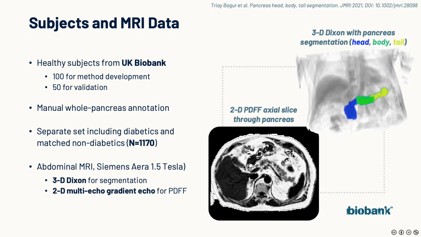The subjects underwent abdominal MRI with Siemens 1.5 Tesla scanner, including a 3-dimensional 2-point Dixon scan that was used for segmentation, and a 2D axial multi-echo gradient echo scan for proton density fat fraction quantification.